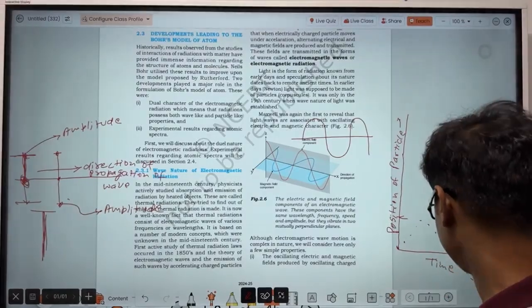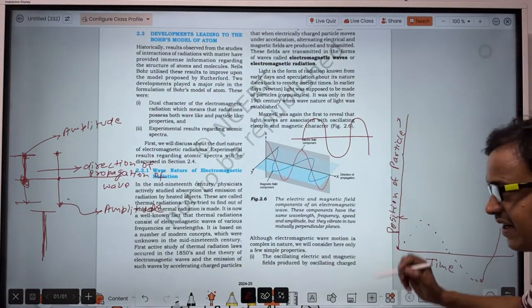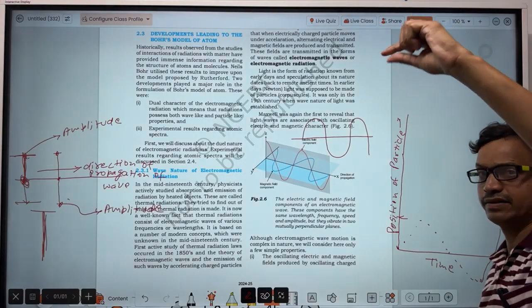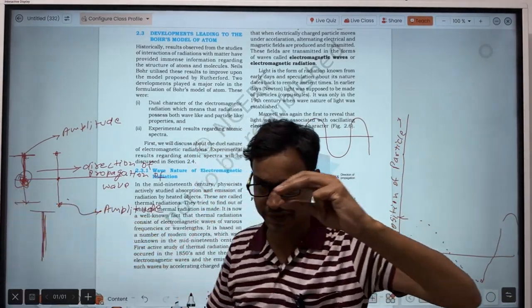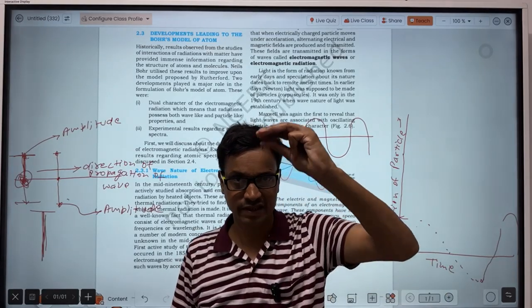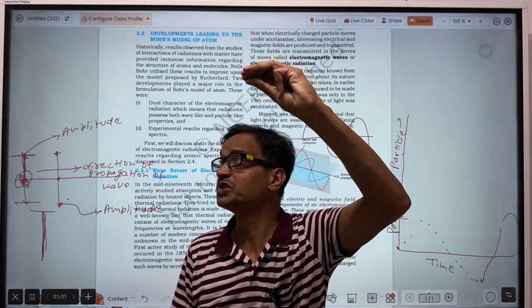When time goes on, the particle, which I am taking here, goes here, here, here, till it reaches the maximum position.